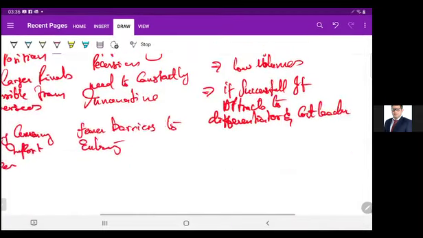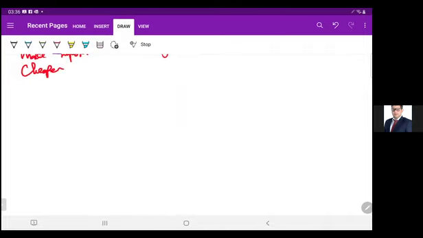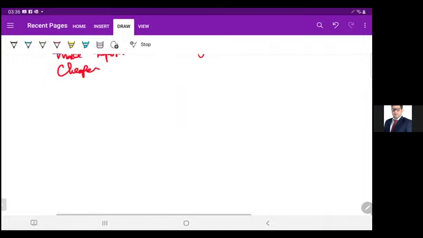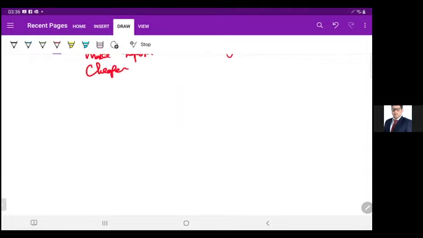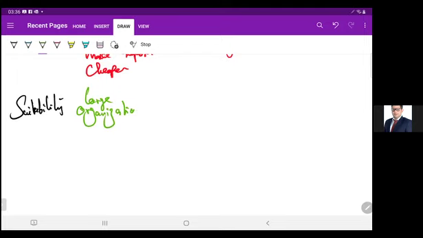So now, next question. What is the suitability of each? Cost leadership is suitable for large organizations with economies of scale.